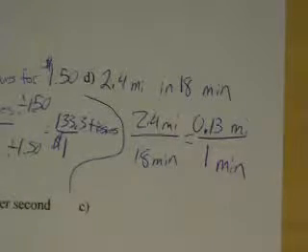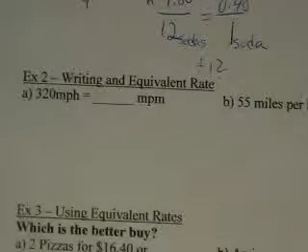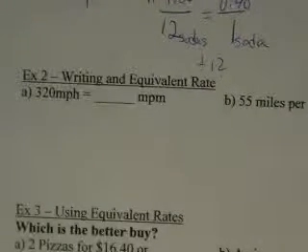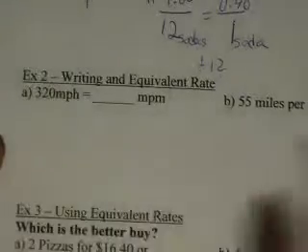Now the next topic is a little bit more complicated. We're looking at writing equivalent rates. It's more complicated because you have to know a couple things about the problems.